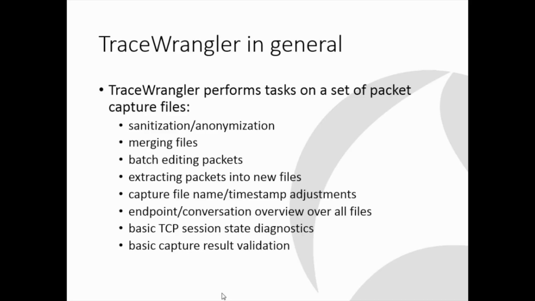Extracting packets into new files. This is probably something everybody has done before, like filtering and then, well, in former times it was save as, now it's not save as anymore, now it's extract specified packets in Wireshark. The things that Tracewrangler can do is a little more complicated because you can tell Tracewrangler like, here's a set of 100 files, here's a small trace file with single frames in there, and I need all conversations where those frames appear in.